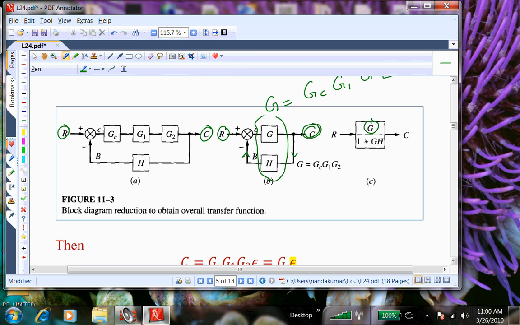The denominator is always 1 plus GH, 1 plus the entire block in the loop. In this case, the loop contains two transfer functions, G and H, so it is the product of G and H. Whereas in the numerator, it's only the open loop, the forward one, so cut off the feedback.